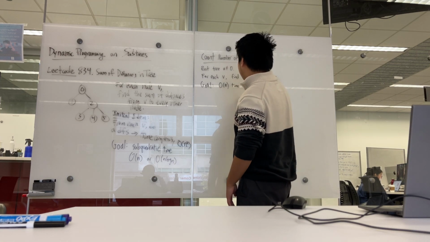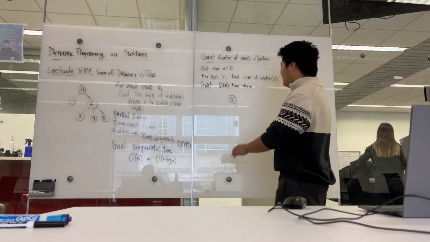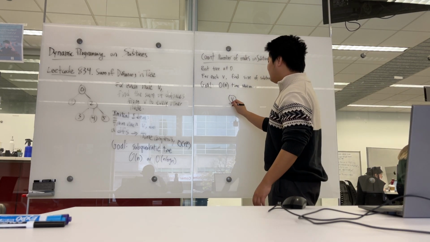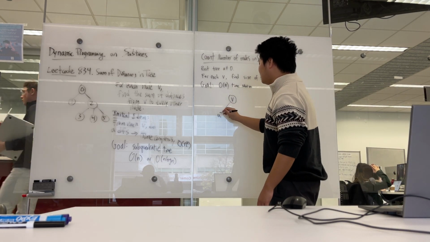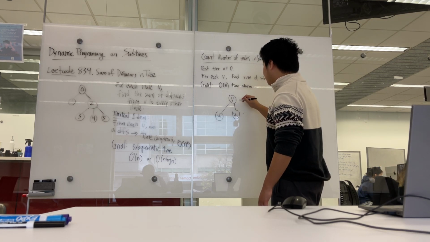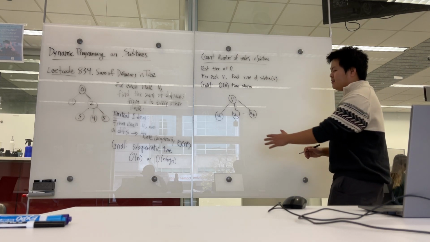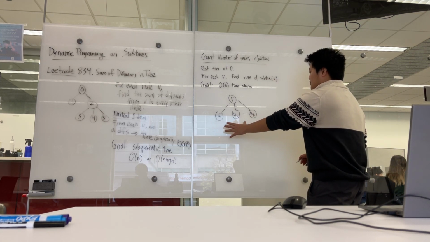let's suppose that I have some vertex V. Let's say I have some node V, and let's say that we have its children. Let's say the children of V are U1, U2, and so forth, and UK. So suppose I have computed the answer for U1, U2, and UK.